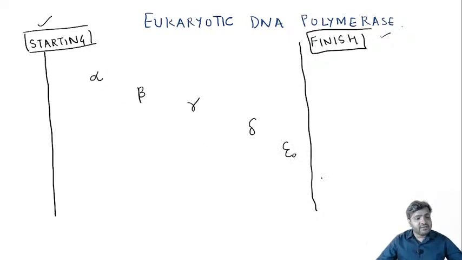Now guys, try to learn along with me. My question is, which DNA polymerase out of these 5 is leading, or is first in this particular diagram, like number 1 in the race?